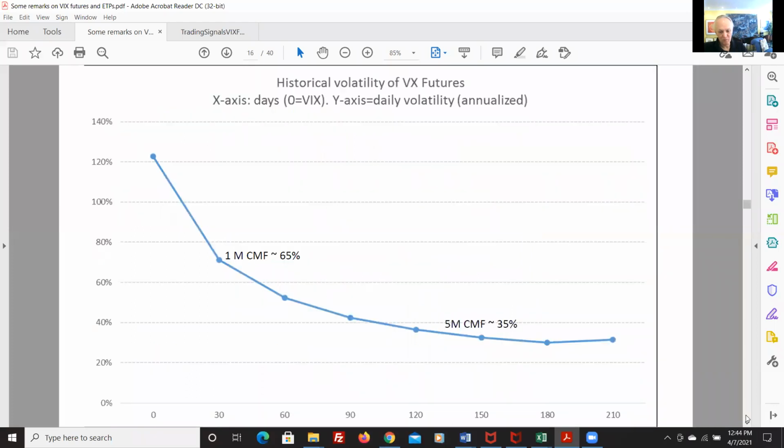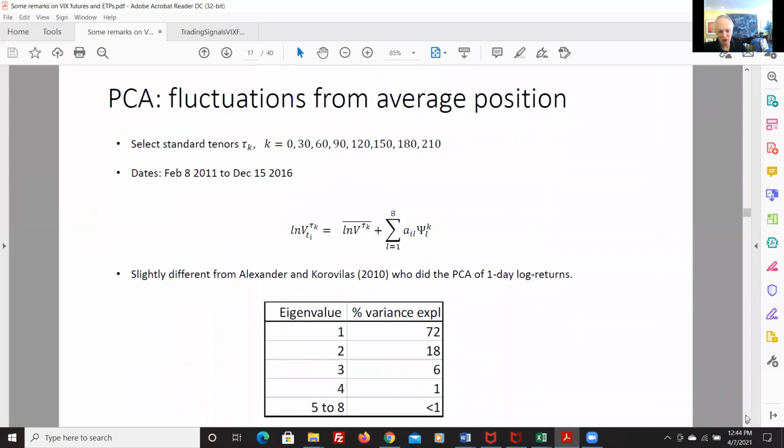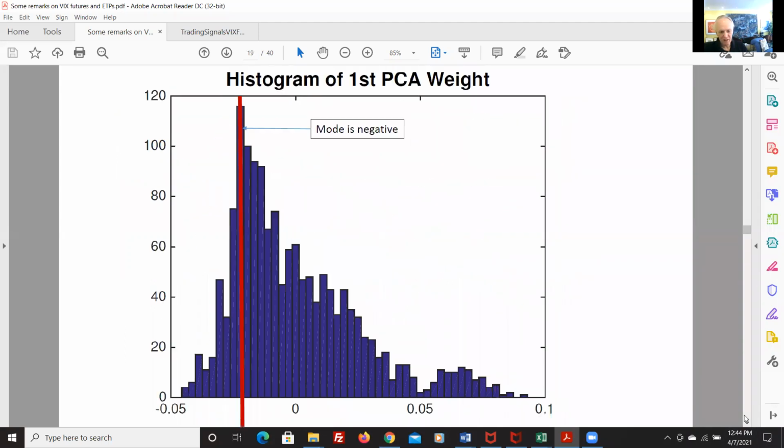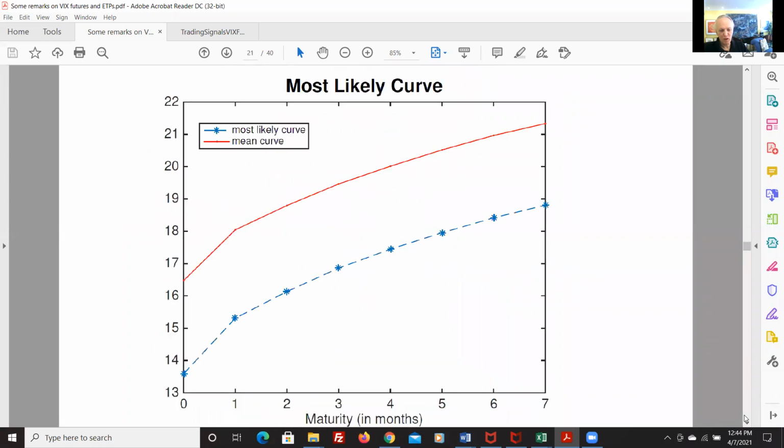We did a lot of statistics on this, PCA. I want to go a little faster here. Basically what we conclude is that there's a most likely curve that you will see, and then there's a mean curve, or an average curve.